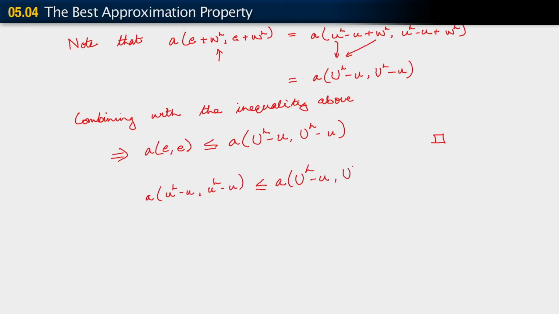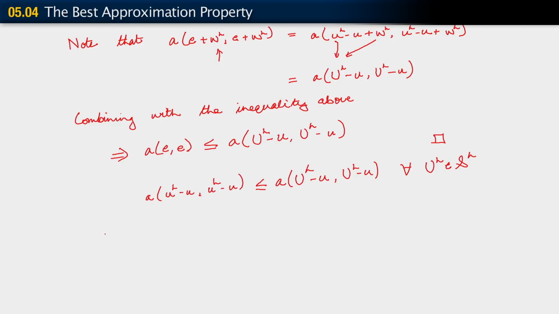Any other function, right? For all UH belonging to SH. But little UH, the finite element solution, also belongs to SH. So what the finite element method does is that it picks for us the solution, as the finite element solution, that member of SH that minimizes the energy norm, right, of the difference between the function and the exact solution. So it's in this sense that we have this best approximation property.